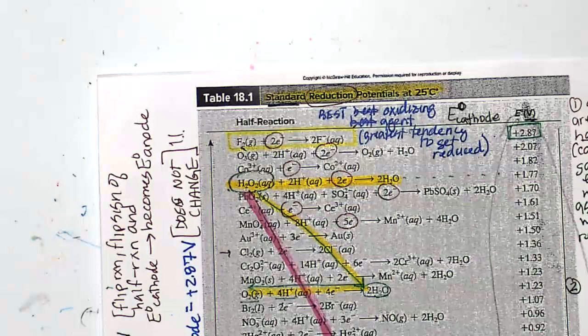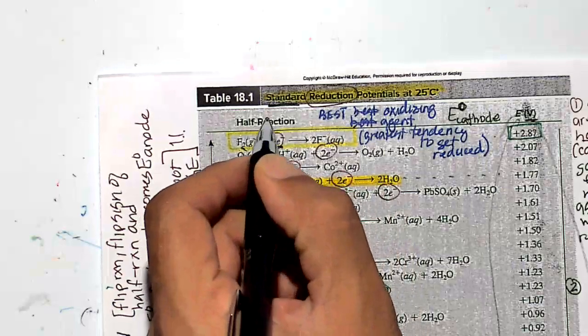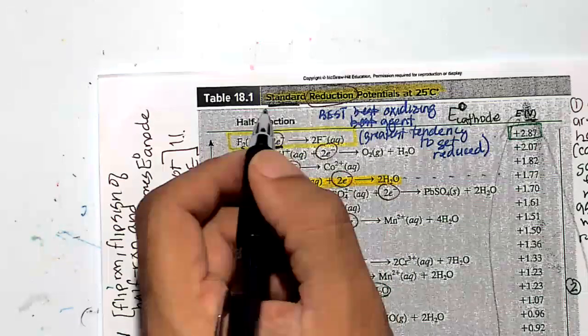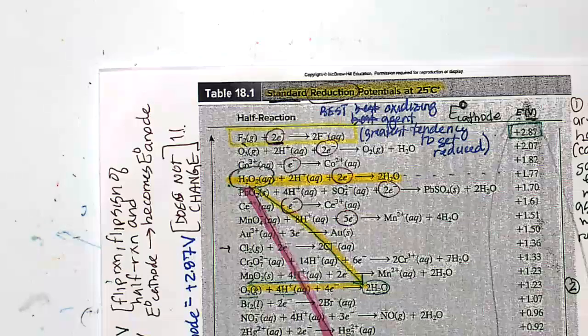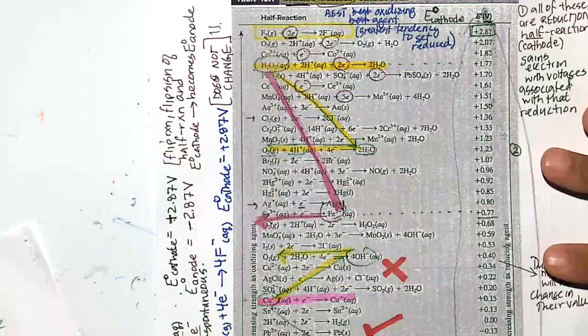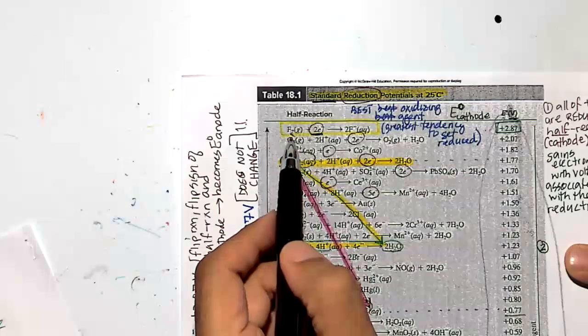Remember, the oxidizing agent is the agent that itself gets reduced, but causes your oxidation. So this gets reduced, so that means it's very good at oxidizing someone else. And you can see here, this can oxidize everything below it and give you a positive voltage. So it's the best oxidizing agent.